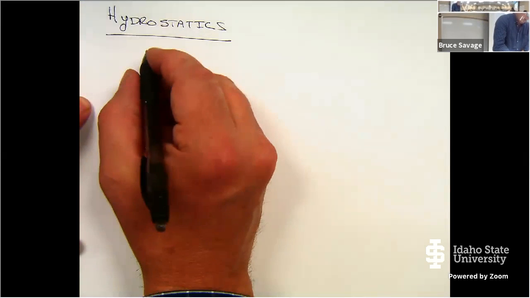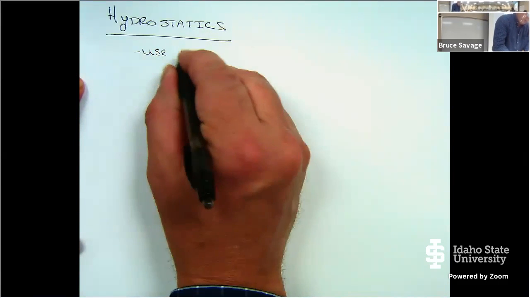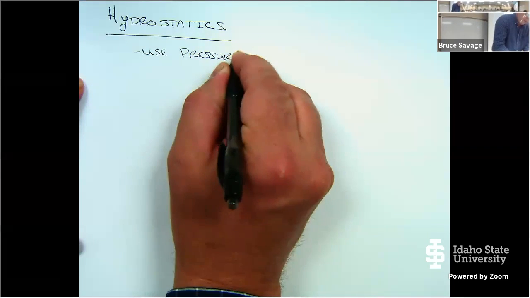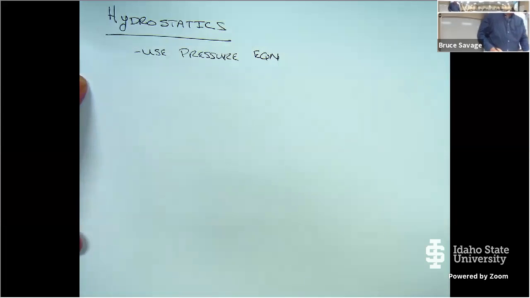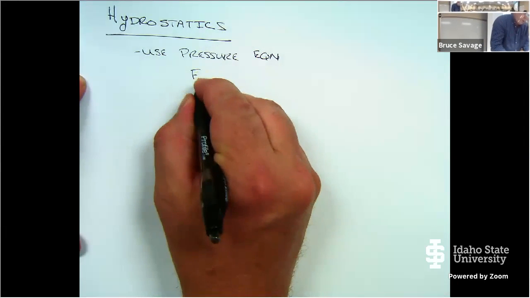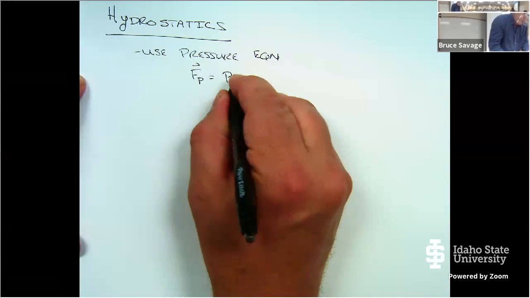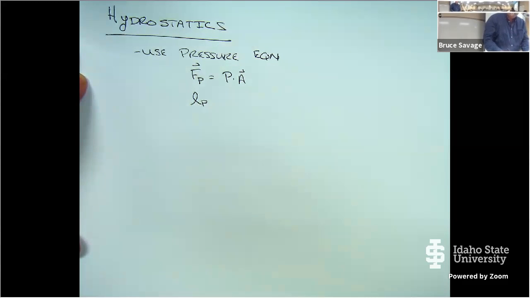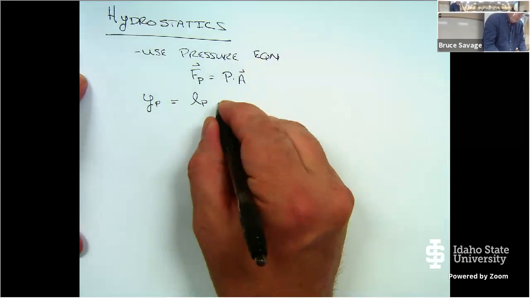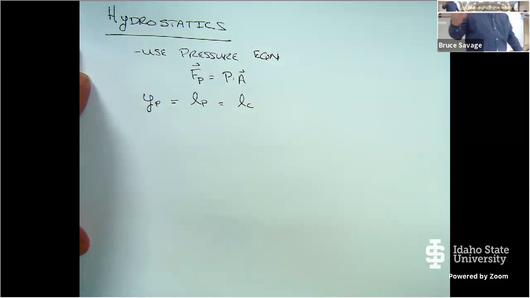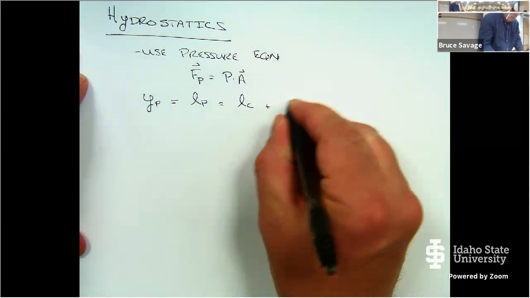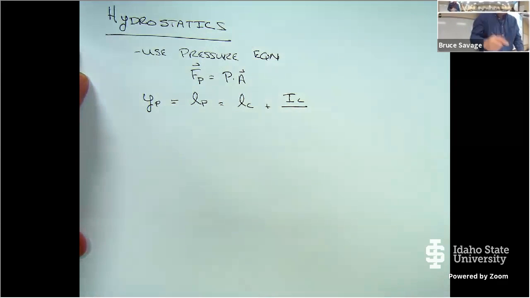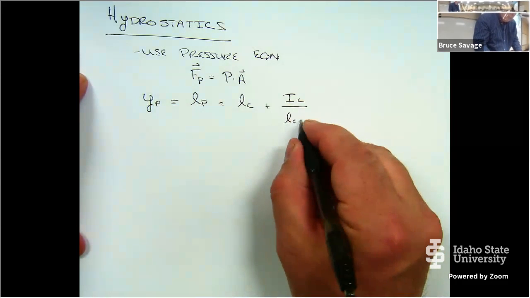But we take the pressure equations, which, if you don't remember, we said that the pressure force, which is a vector, is equal to the pressure times the area, and the location of the pressure force, L sub P, which some books call Y sub P, it's just different notation, is equal to the location of the centroid along the inclined plane plus the area moment of inertia of the gate or the surface, divided by L sub C times the area.